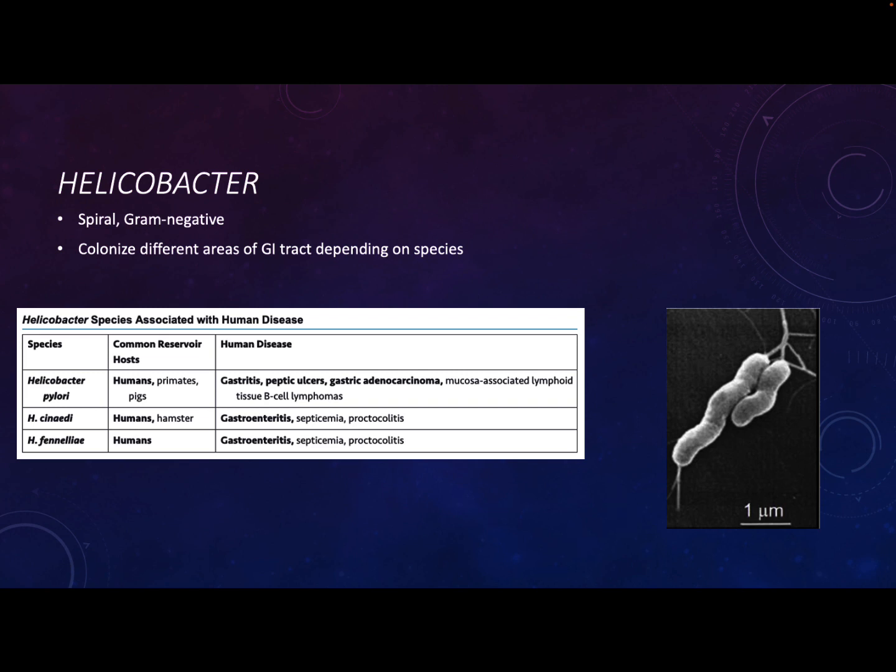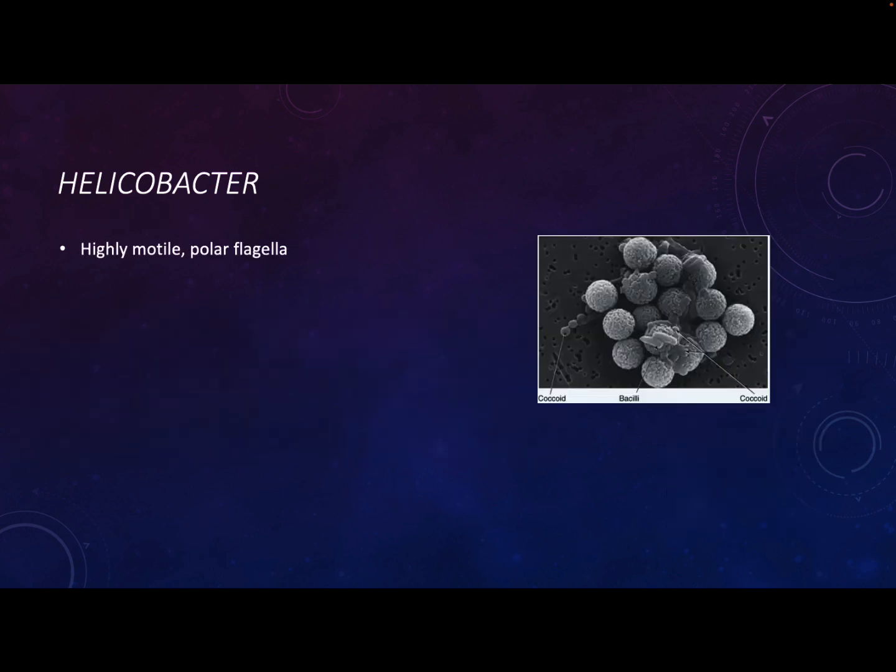That is one of the causative agents of stomach infections. This is not intestinal, this is stomach, and it can cause things like inflammation in the stomach lining, ulcers, and even has been associated with cancer. It's one of the few bacteria that's associated with causing cancer. So that's the one we're really going to talk about.